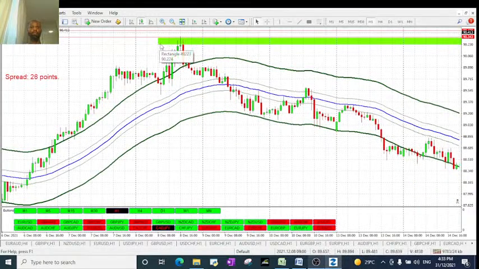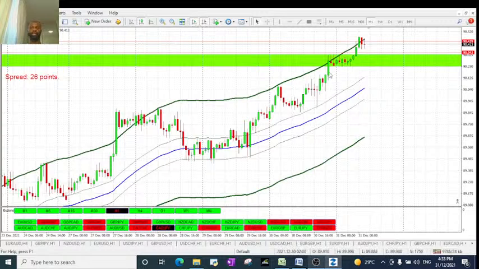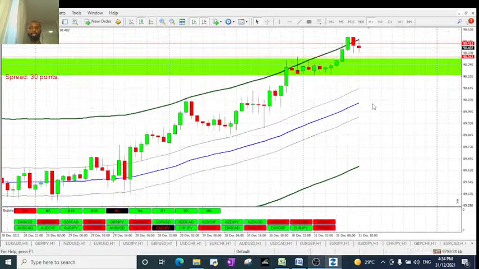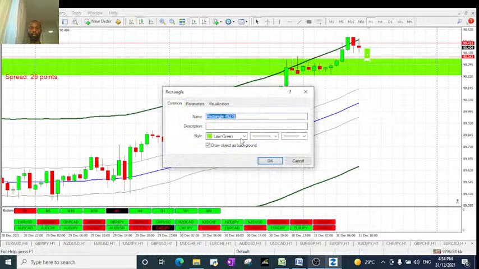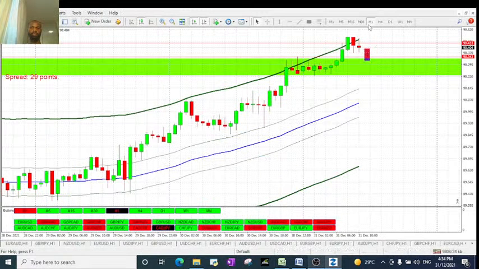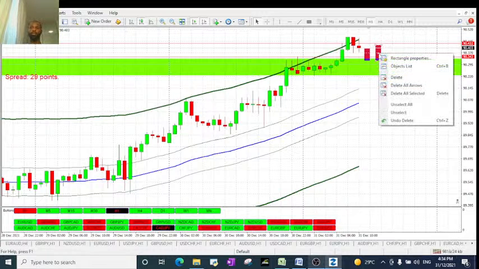What else can we do? Instead of waiting for price to pull back all the way here, if price comes down here, the red candle, then we get a green candle like this. Yeah, we can take a shot.